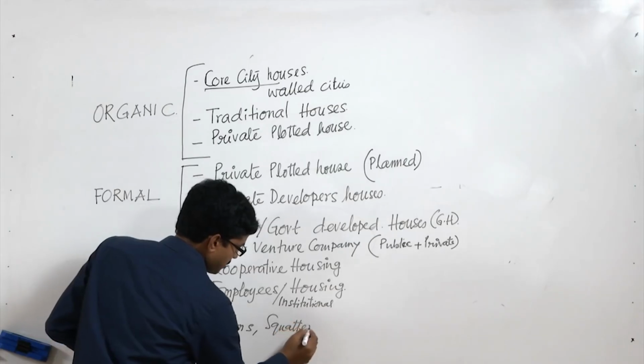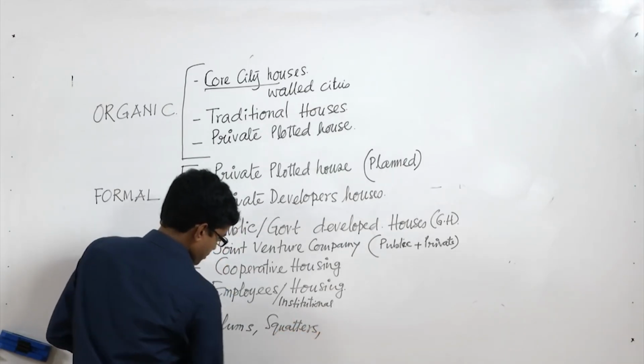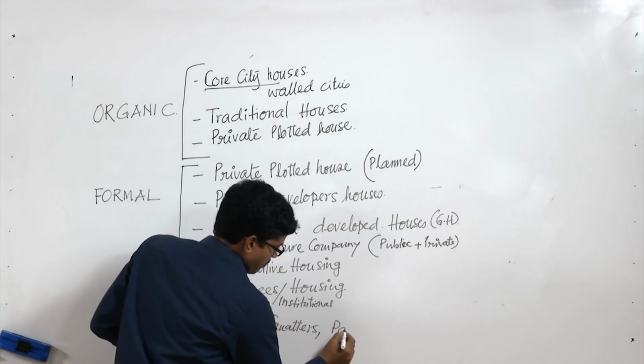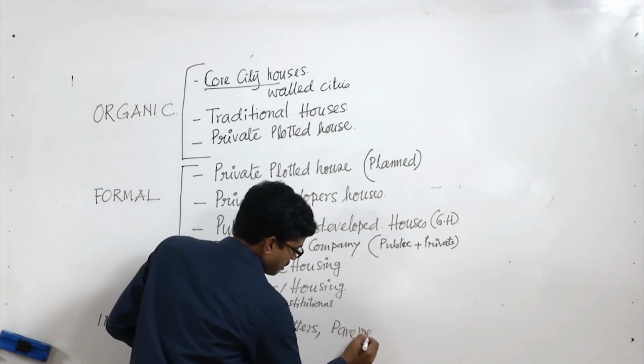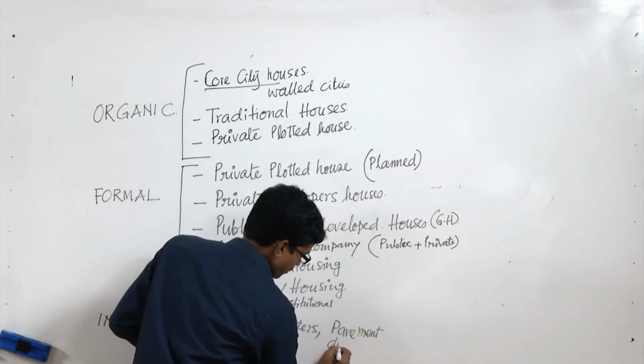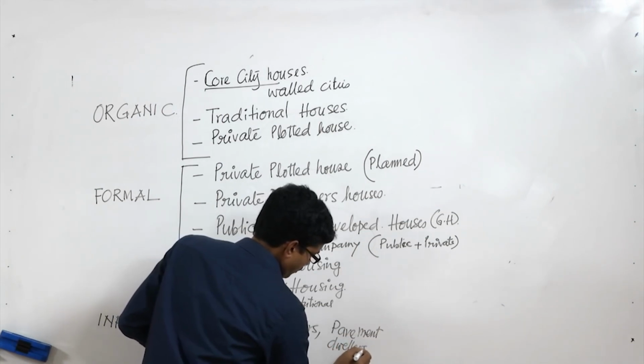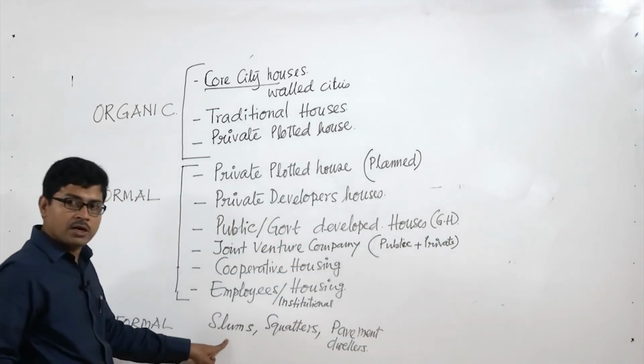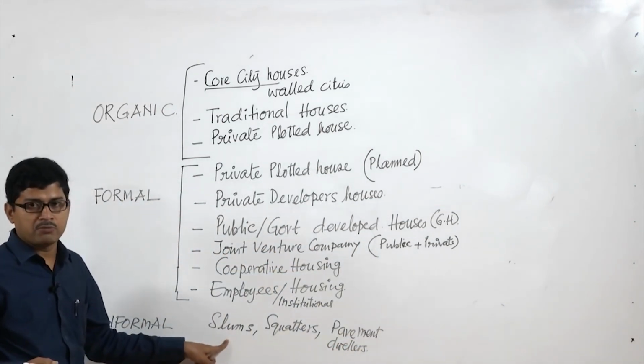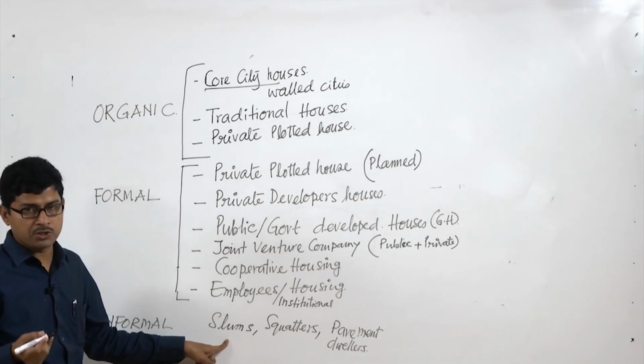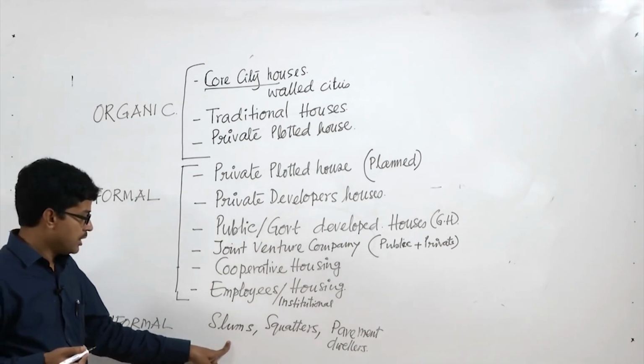or squatters or pavement dwellers. The slums are called sometimes as basti, sometimes as chawls, sometimes as juggi jhopri, sometimes as refugee colonies.